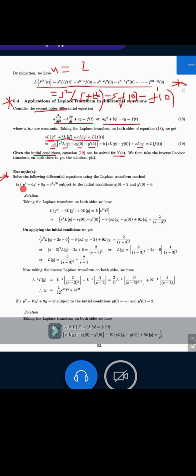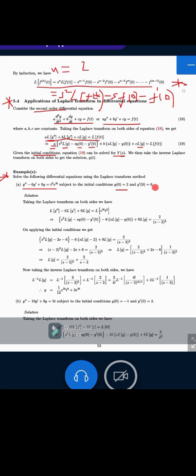The equation is y double prime minus 6y prime plus 9y is equal to t squared exponential 3t, subject to the initial conditions. We have been given the initial conditions as y of 0 is equal to 2 and y prime of 0 is equal to 6.